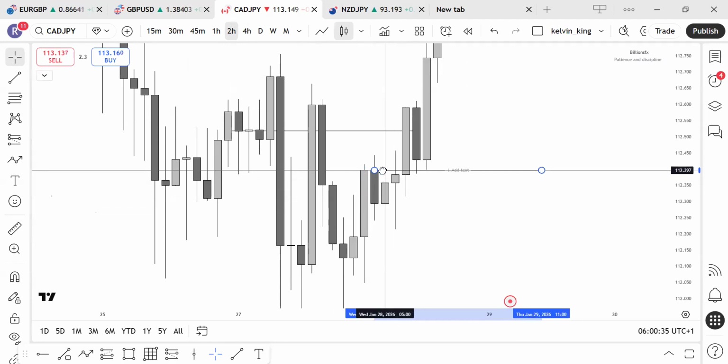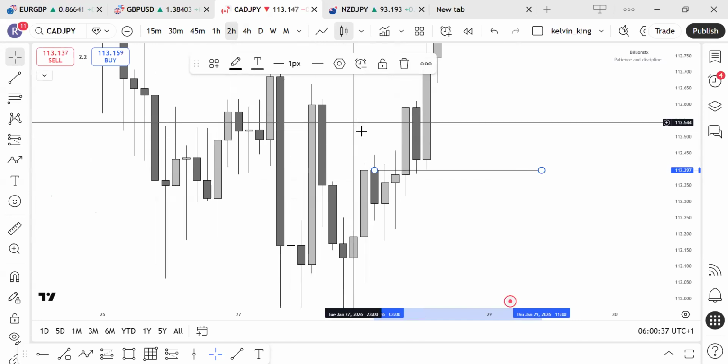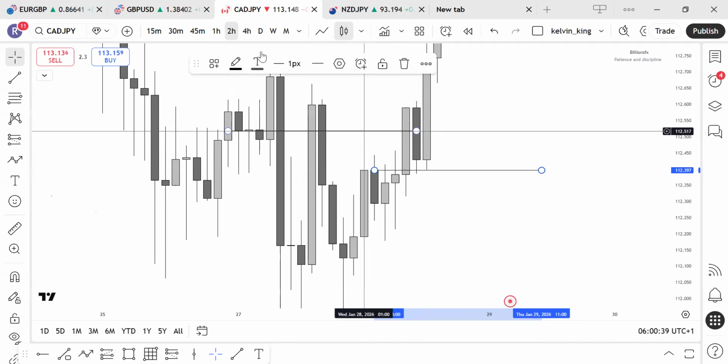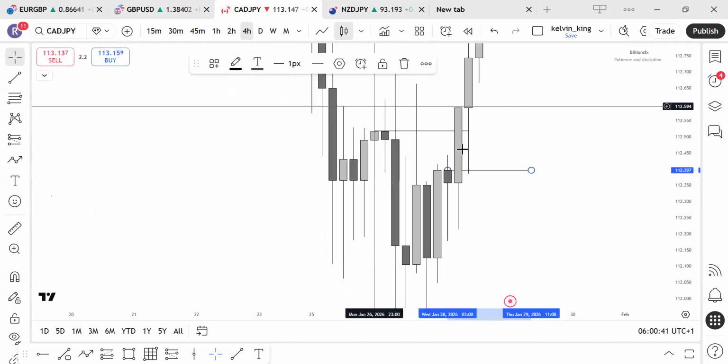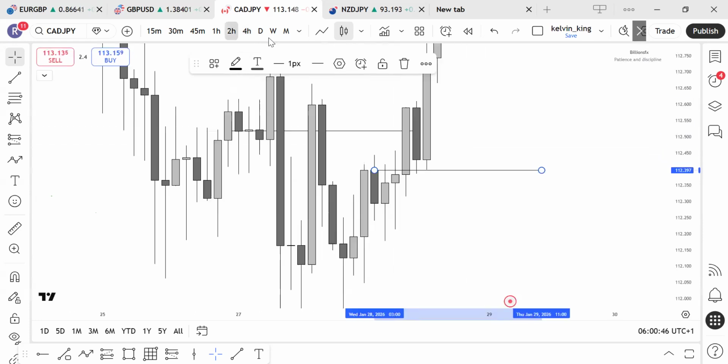Can you see it? Yes. So this one was where the 4 hours breakout happened. This candle was the one that closed the 4 hours. So this one was the one that came back to trigger both the 2 hours entry and the 4 hours entry.